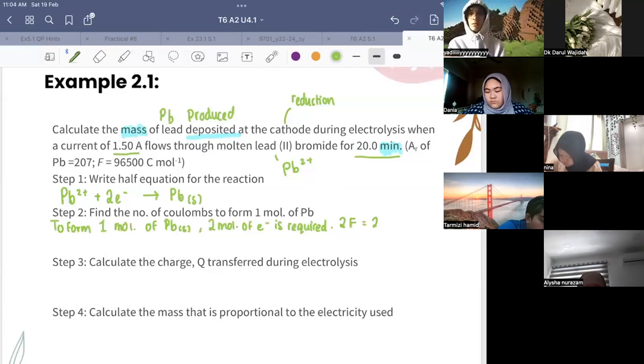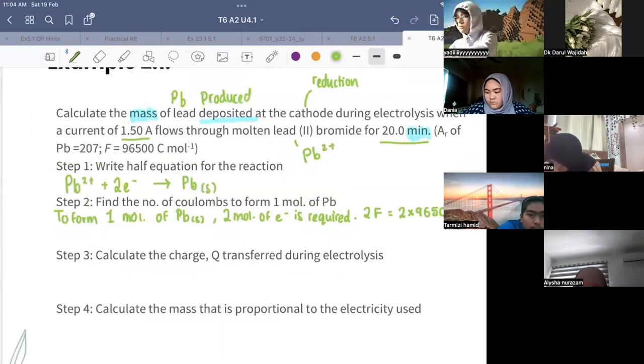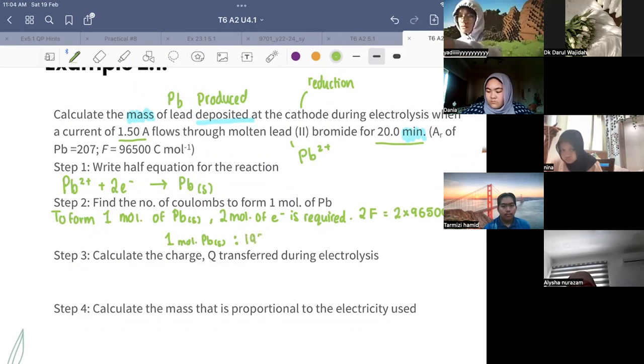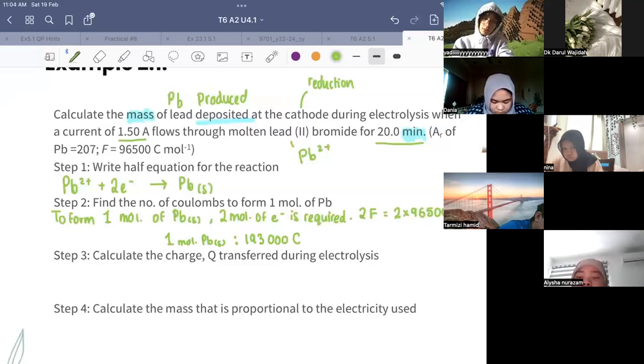That means 2 times 96,500 coulombs. So to form 1 mole of Pb solid, I require 2 times 96,500, which is 193,000 coulombs. You need this later on for the ratio.